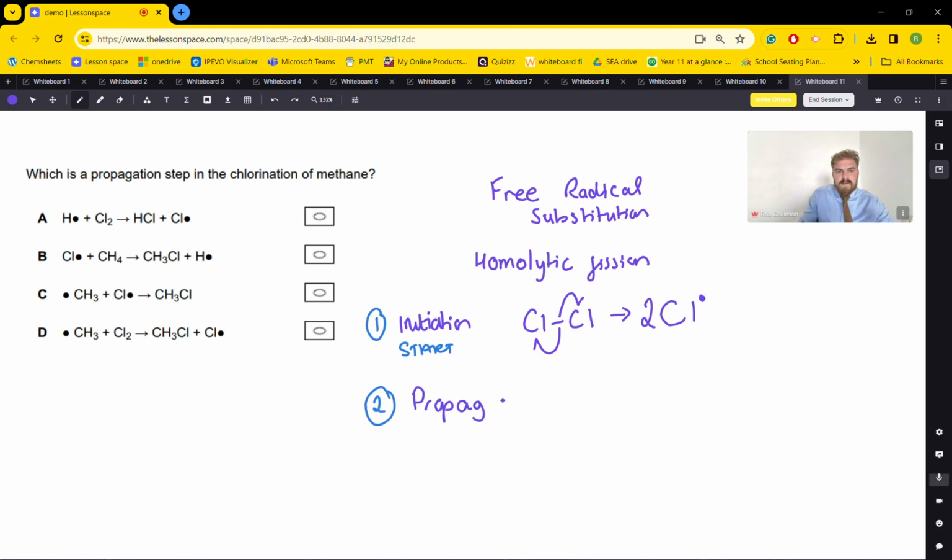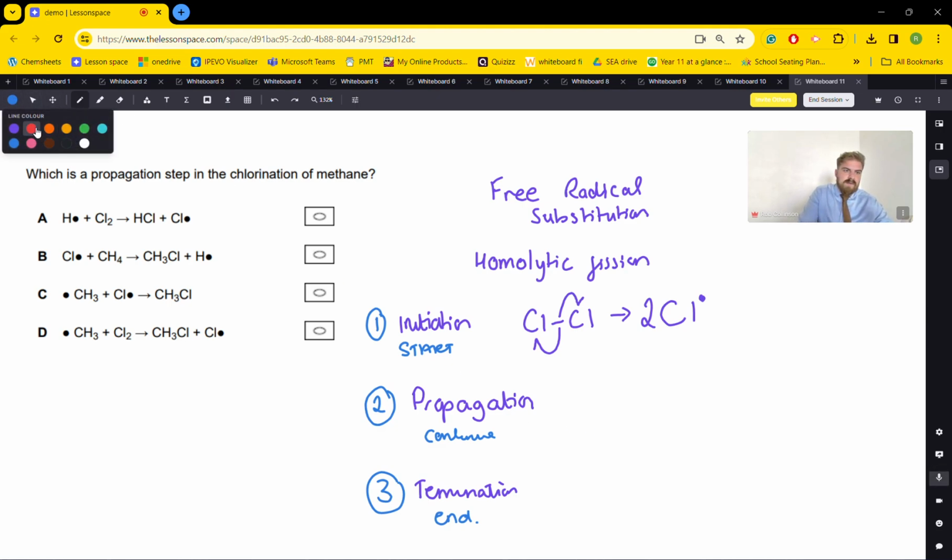So to propagate something means to continue it on. And third, it also has termination. So termination means to end. So the termination of something means to cut it short, to end it. So to continue and to end is how we want to be thinking about things.